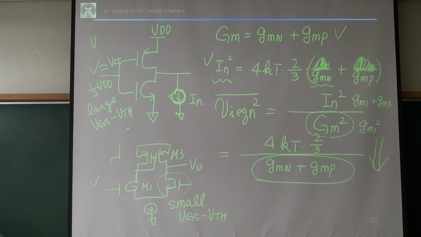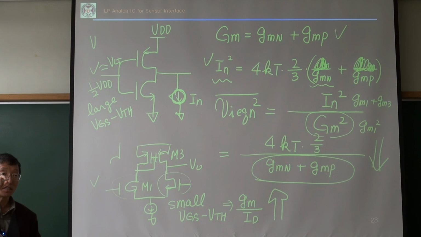So here, this one will generate small, I mean both small VGS minus VTH, not GM itself. The ratio is large. Let's just see, I think this is the ideal GM in strong inversion.